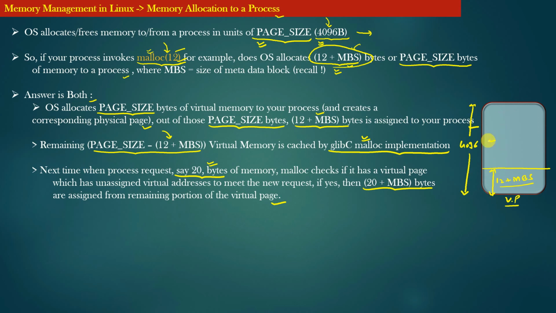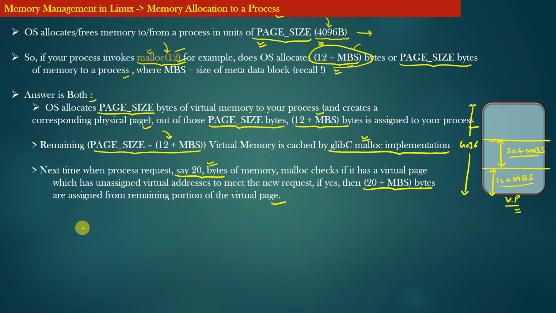So the malloc function will again allocate 20 plus MBS bytes of virtual memory to your process, and this memory will be assigned from the same virtual page. The malloc function will continue to assign memory to your process until this virtual page is completely exhausted.